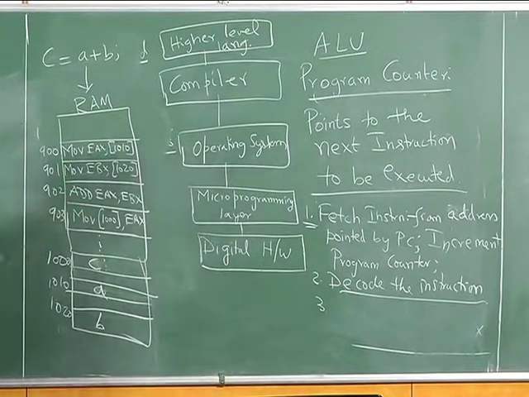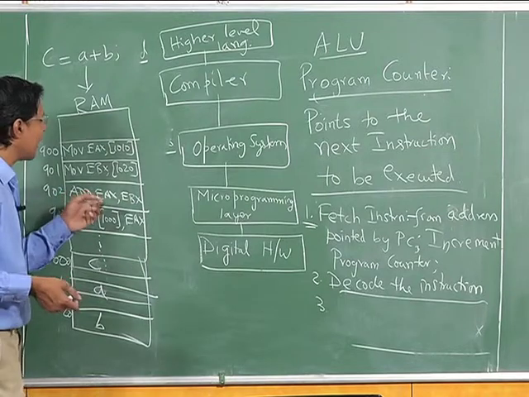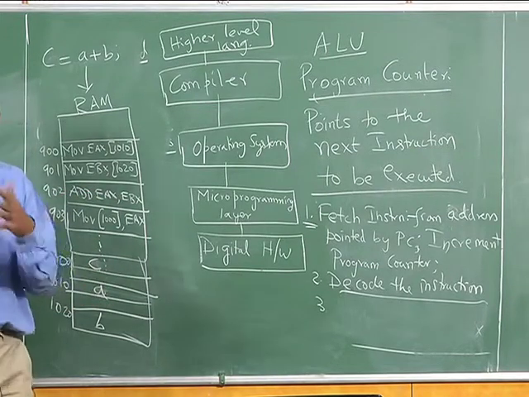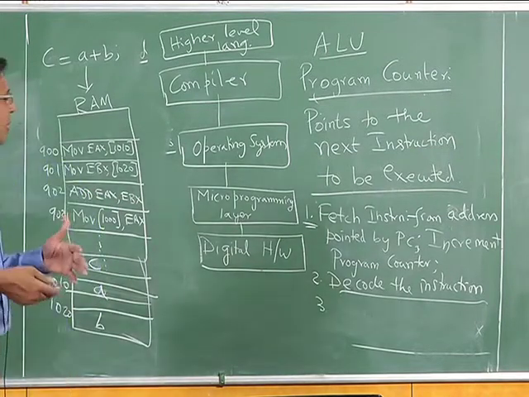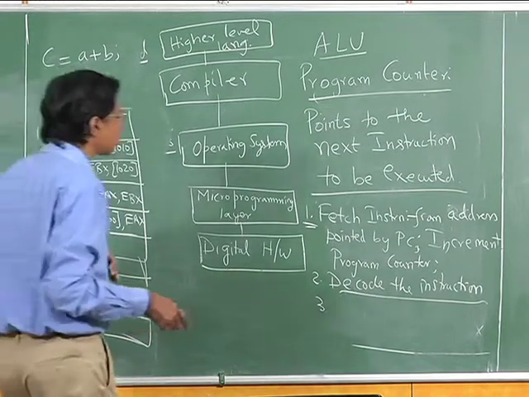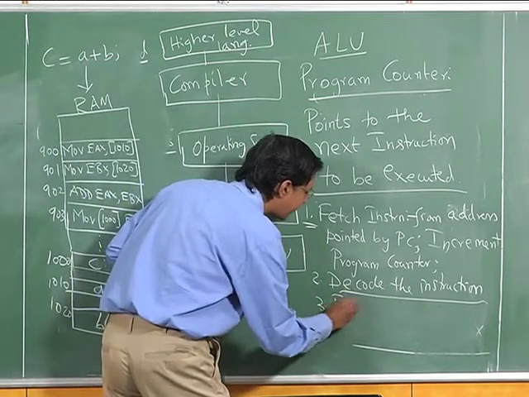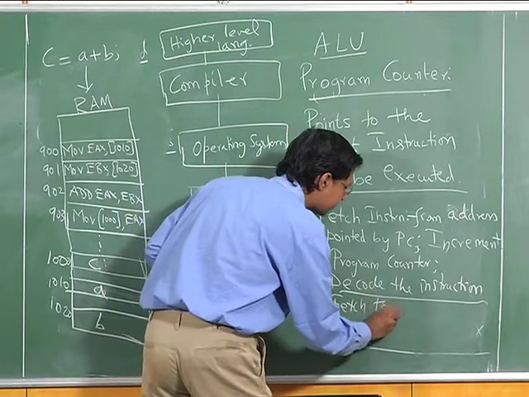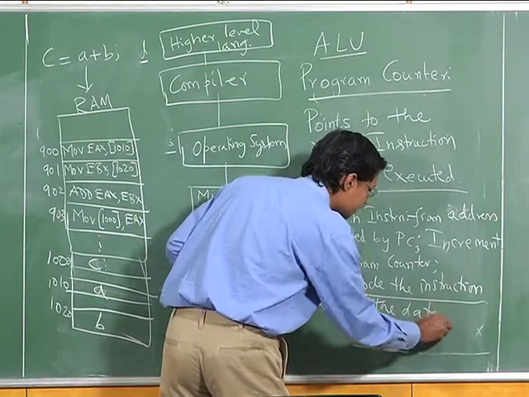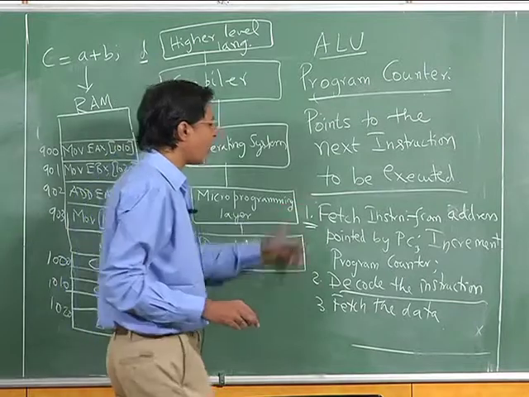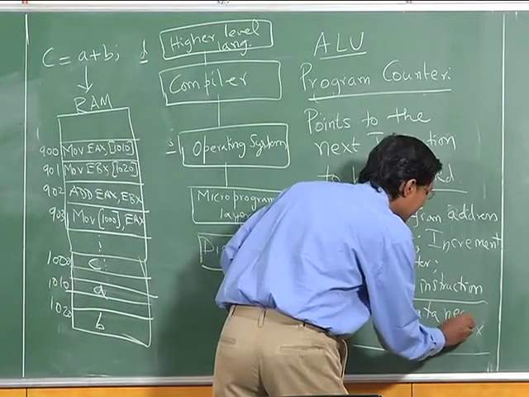To the arithmetic logic unit, I should provide these 2 data, namely EAX and EBX, so that it will add. So the next step is to fetch the data necessary for executing the instruction.